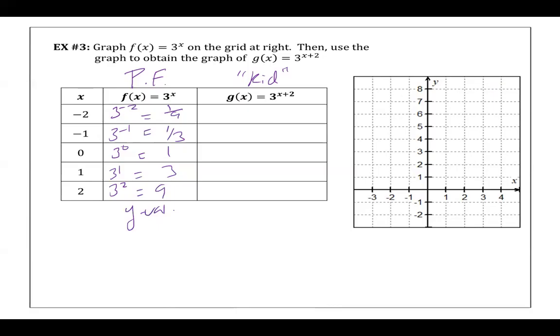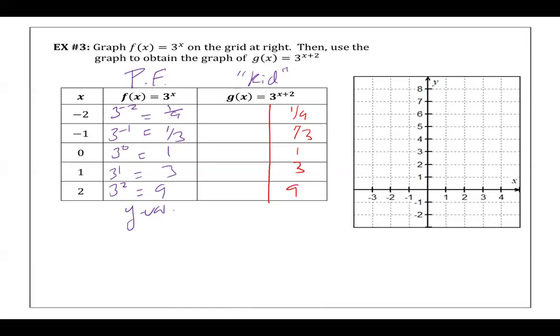My x's. Are my y's changing? No, your x values are what's changing. Your y's are staying the same. So when I look here, I'm going to draw a line. My y's are going to stay the same. My y's are currently 1/9, 1/3, 1, 3, and 9.